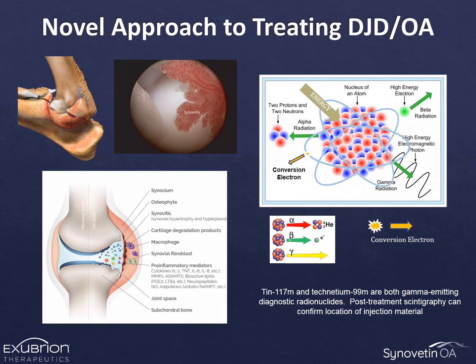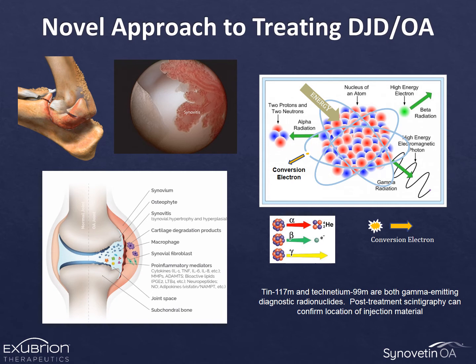What's new in the treatment of osteoarthritis is targeting the joint microenvironment, focusing on the role of the synovium. As we look at these graphics, we go to the upper left-hand corner, and this is meant to denote an osteoarthritic elbow, and the granular type of material that we see on that elbow is meant to represent osteophytes.